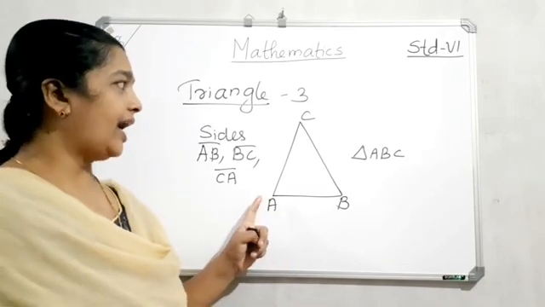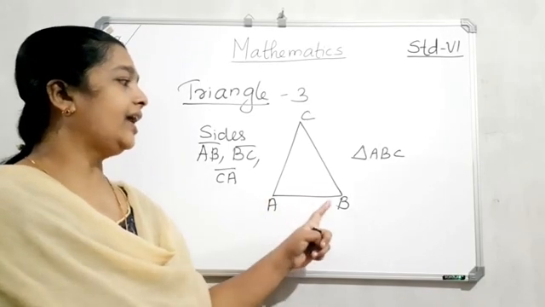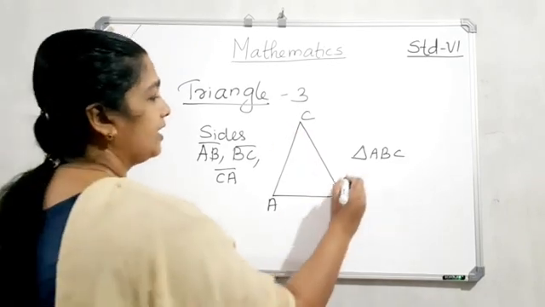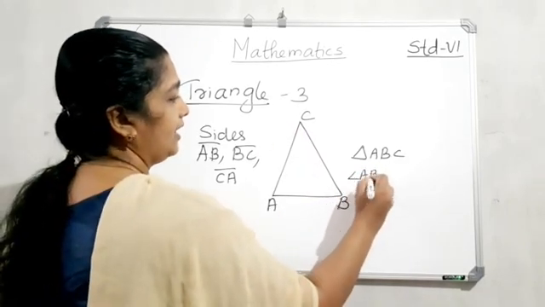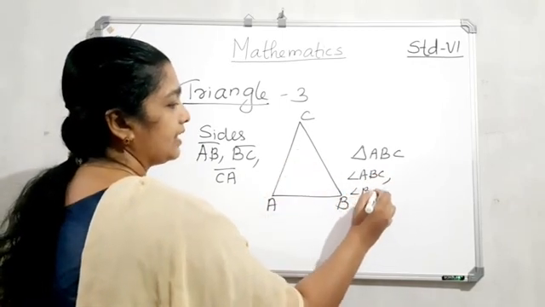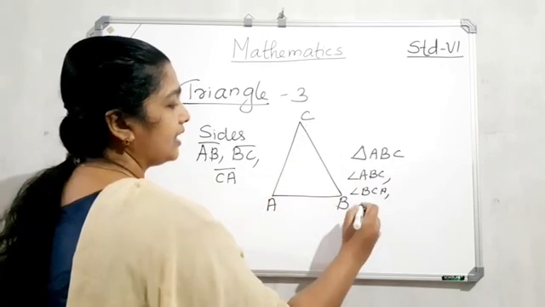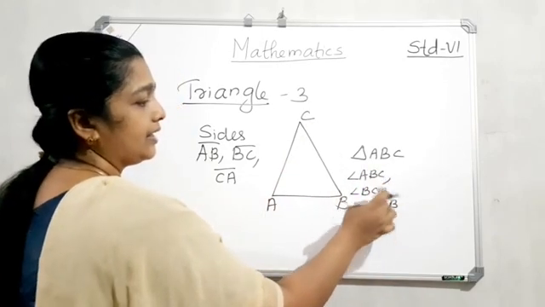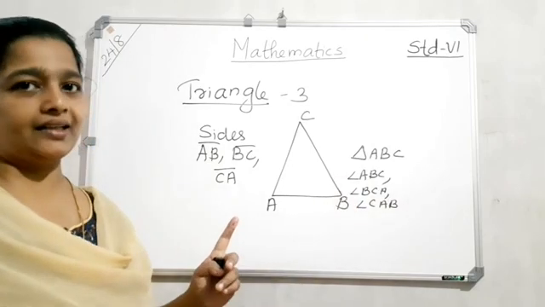Then how many angles are here? Angle A, angle B and angle C, or we can write angle ABC, angle BCA and angle CAB. So these are the angles.